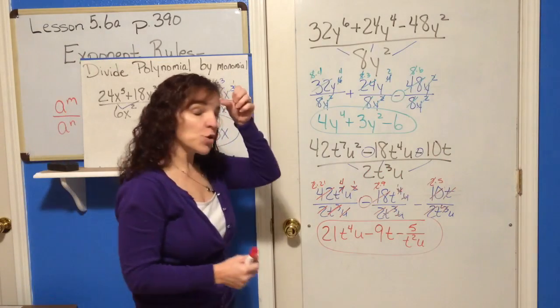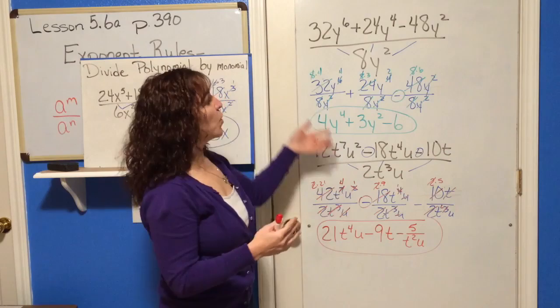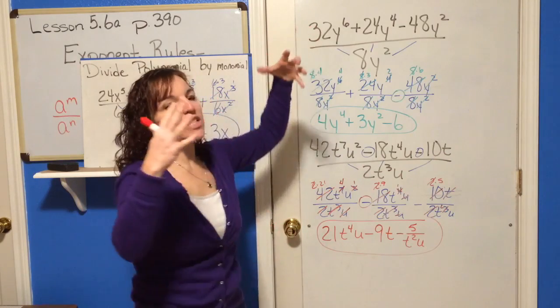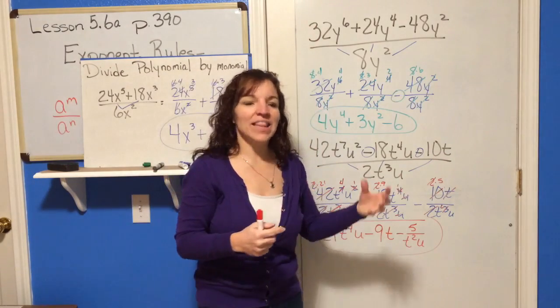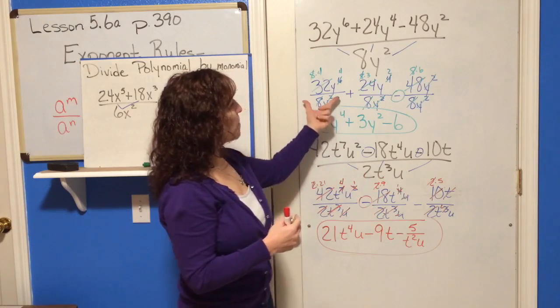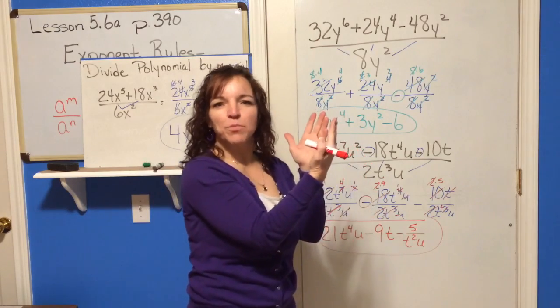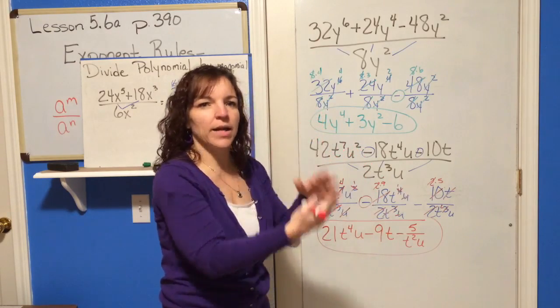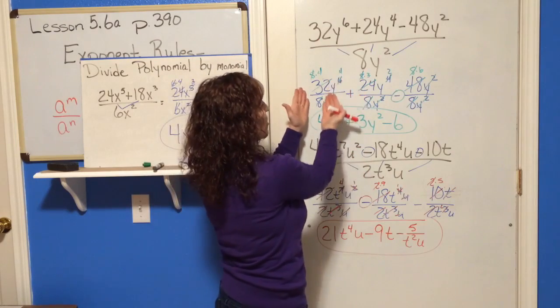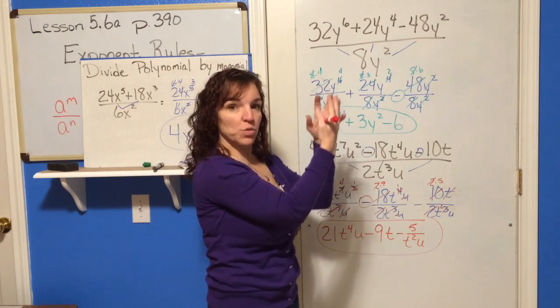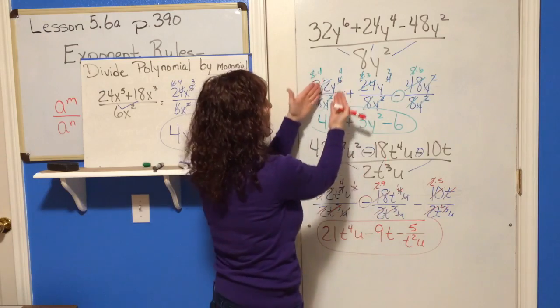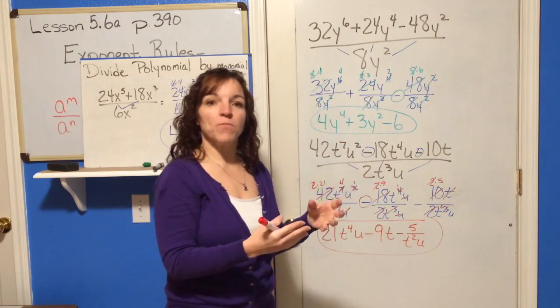All right, so the trick is when you're dividing by a monomial, split that polynomial up, and then each part becomes one of the easy problems that we did at the very beginning. So you'll first reduce the coefficients, the whole numbers with the whole numbers. Then each part of your variables.